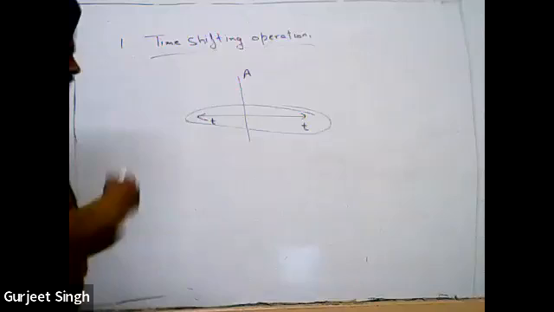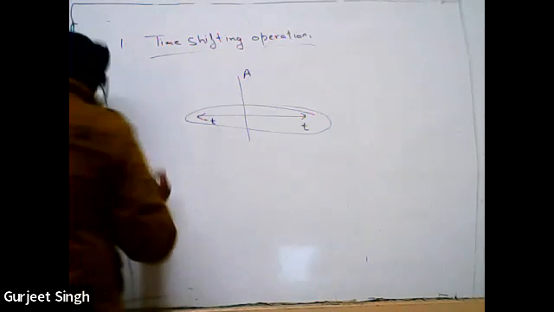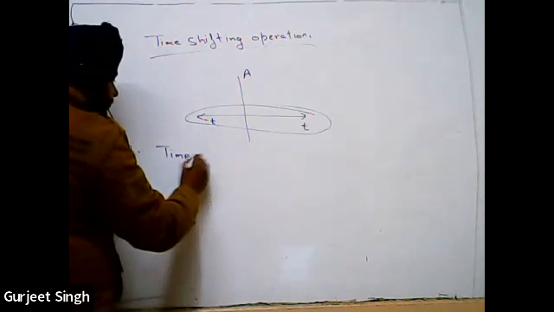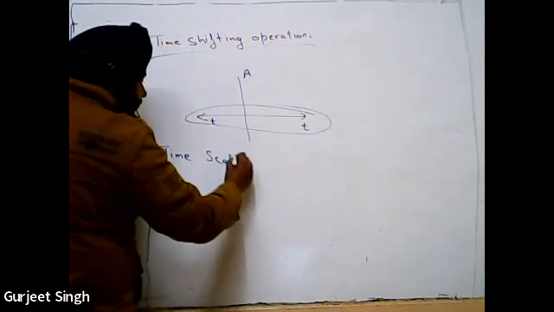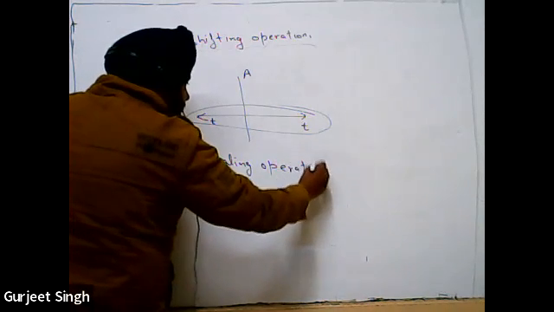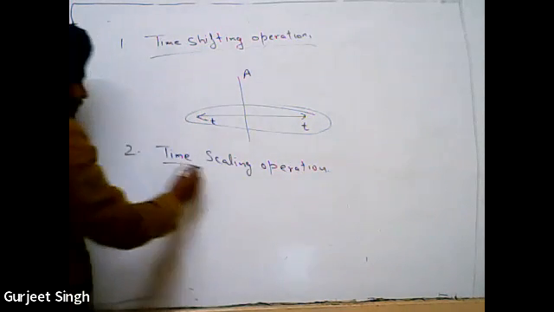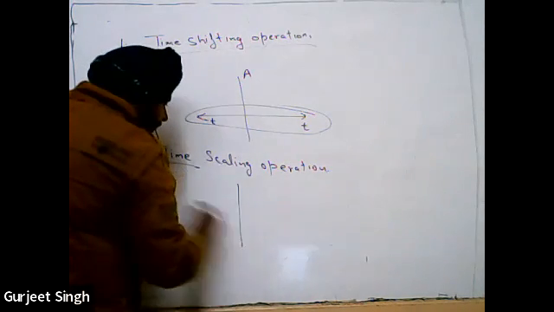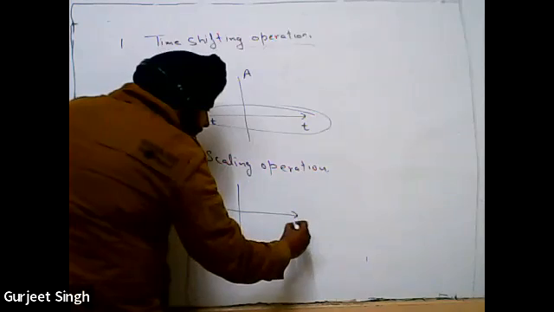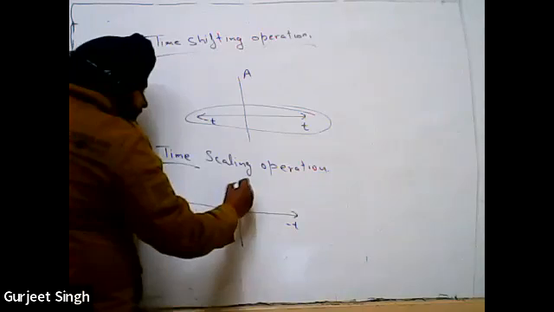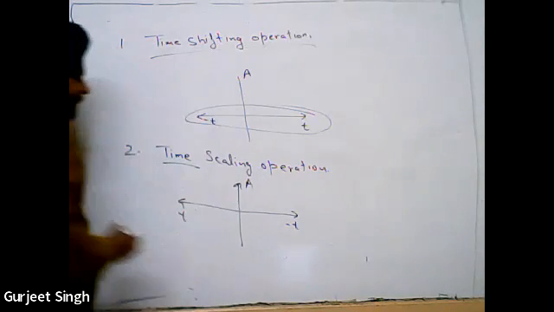The second type of manipulation of signals is the time scaling operation. Again, we are talking about the time. Time is represented by this axis, this is minus t, this is t, and the y-axis is the amplitude.